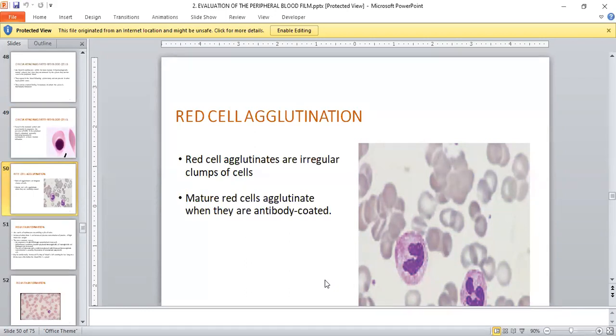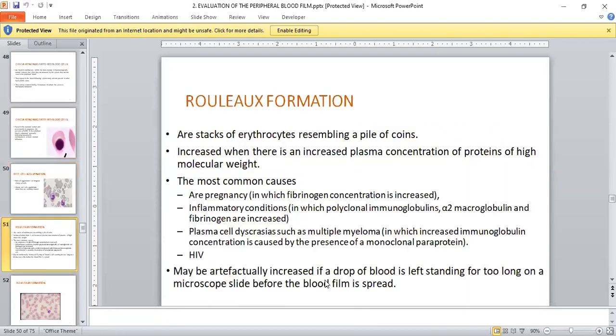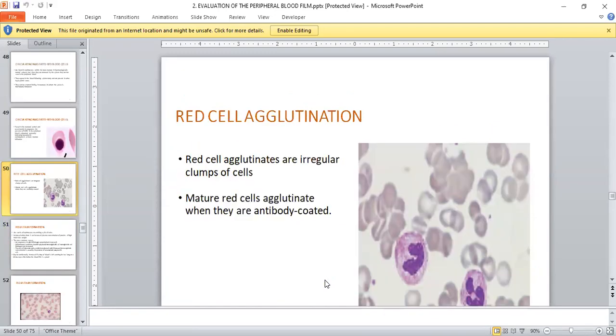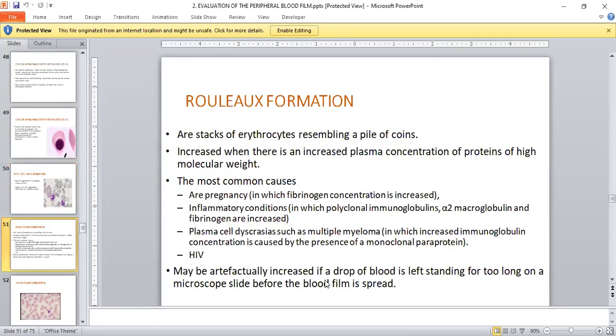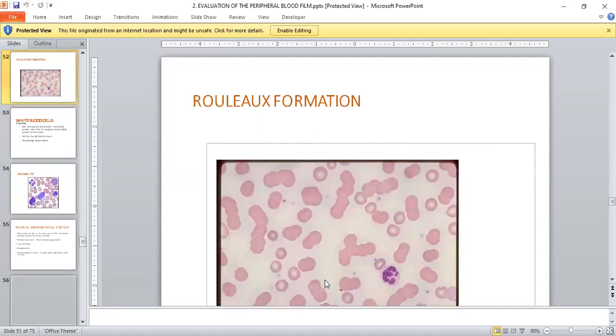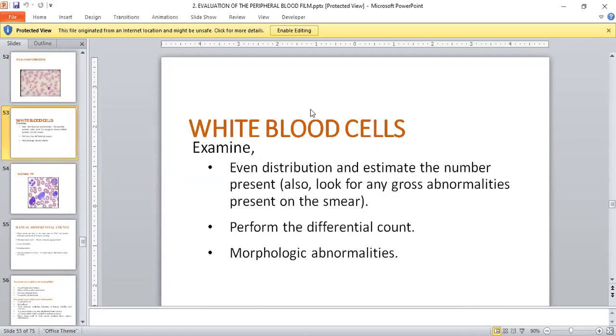So with these two, red cell agglutination and rouleaux formation, you have to be really careful when handling blood after phlebotomy to avoid a false diagnosis. Rouleaux formation is coin shaped. It looks like a stack of coins. The cells get that shape. So we can just go back to the other document.